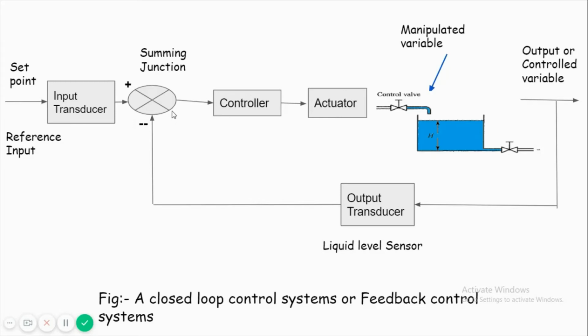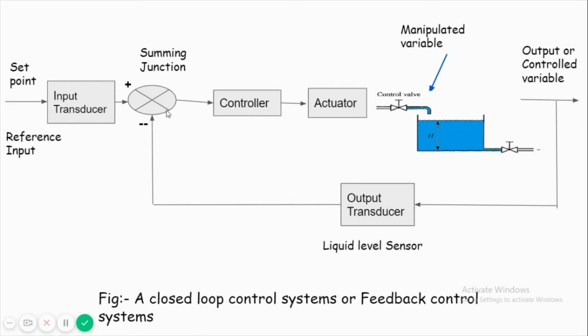This comparator is giving a difference between the reference input, or the desired value, which is the objective of the control system. Here, adjusting the height of the liquid in the tank is our desired input, and the actual level that is detected by this output transducer is the feedback signal.